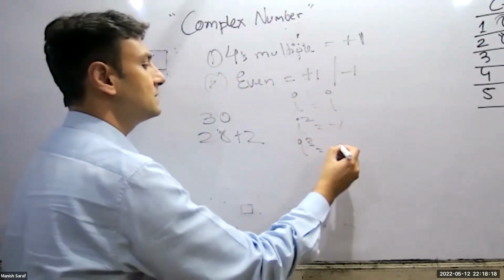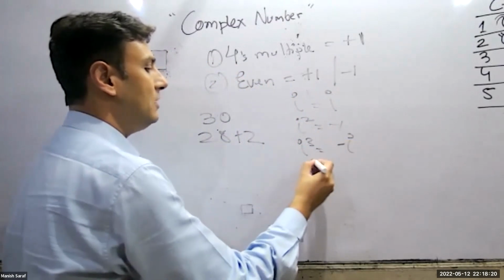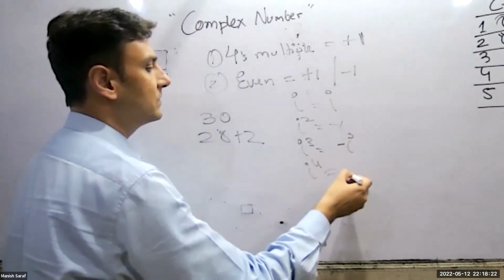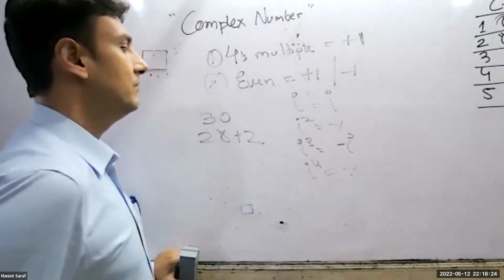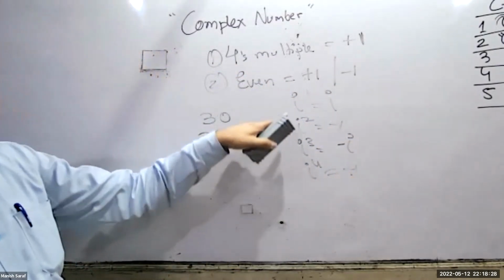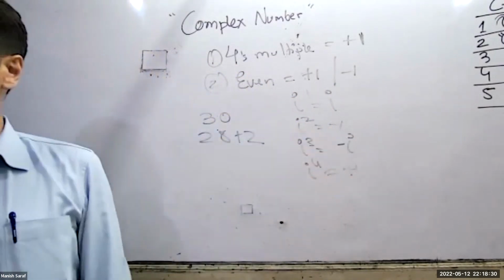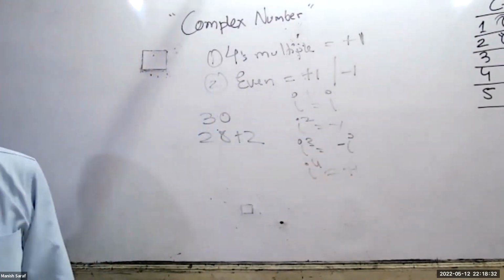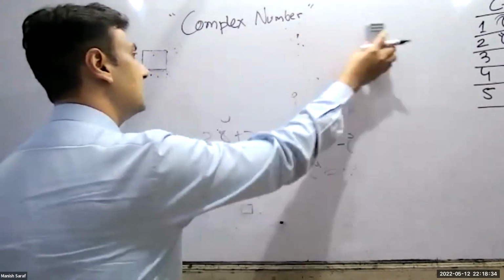I cube is -I, and I to the power 4 is क्या था? So if it is power 30, it will be a 4 का multiple, 29, 30, -1 is the answer. Got it? So ये power cycle आपको याद रखना.